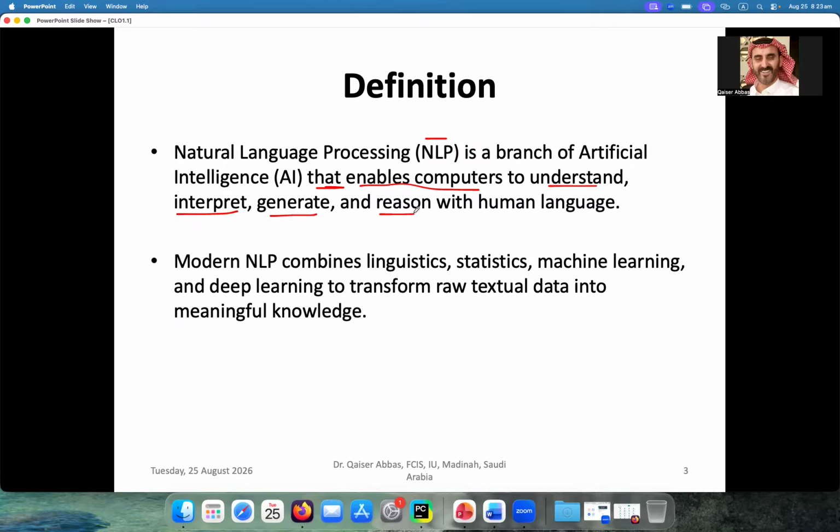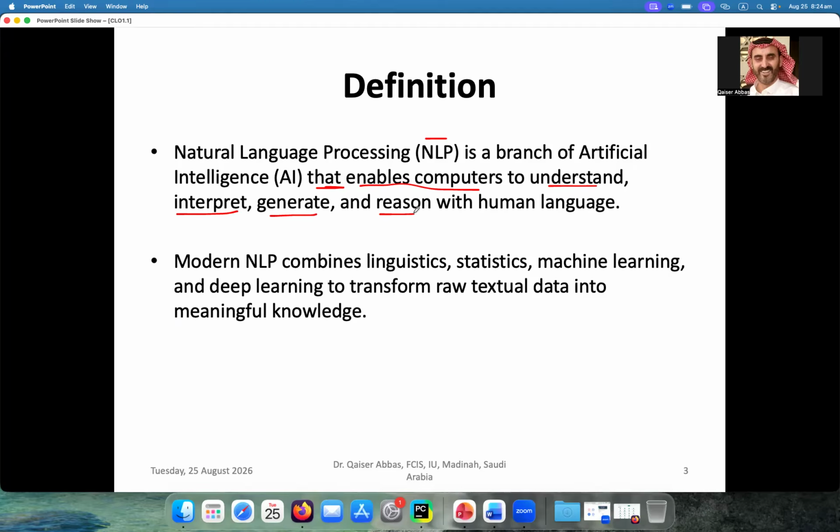If you use only the word understand, it's enough. But if you want to go into further details of the definition of NLP, then you can add these words as you have here.